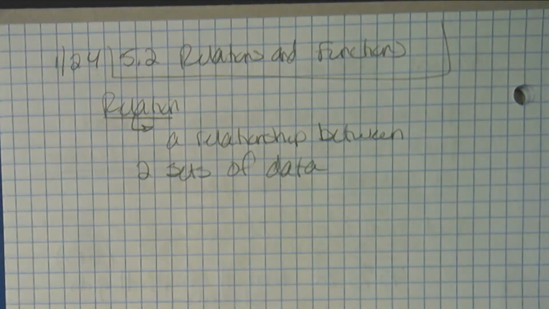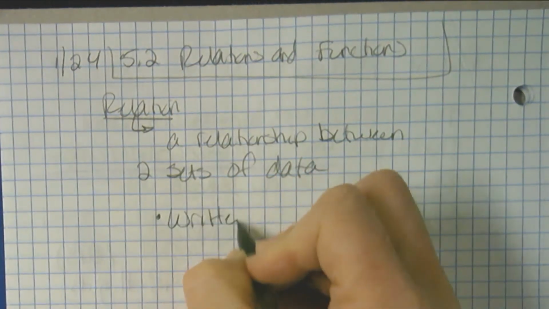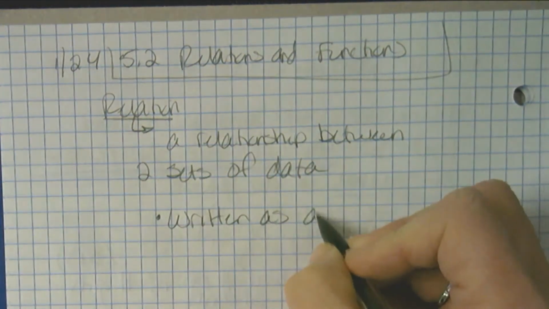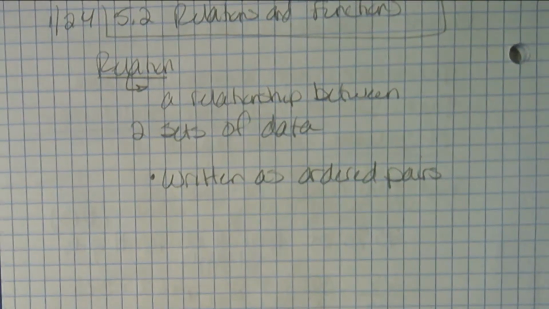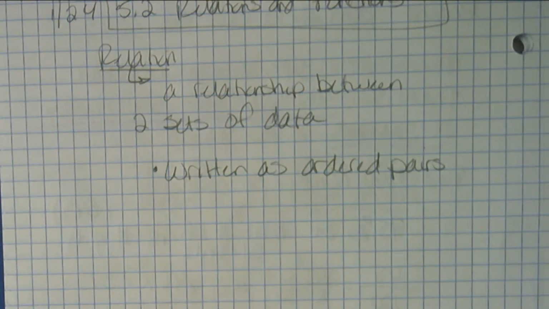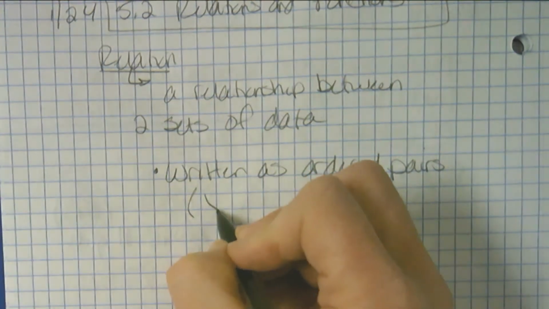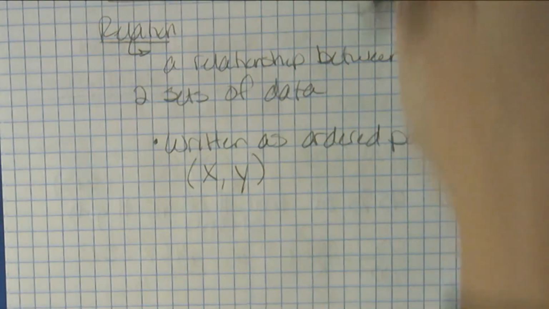It is written as ordered pairs. We see them as ordered pairs. Our ordered pair is always x comma y. That's the same thing that we've been doing.